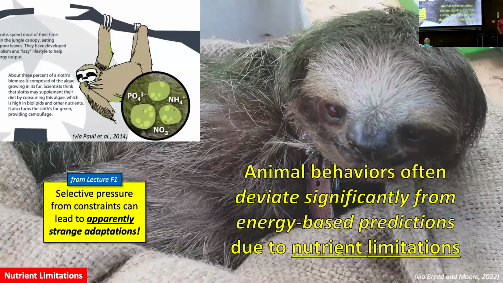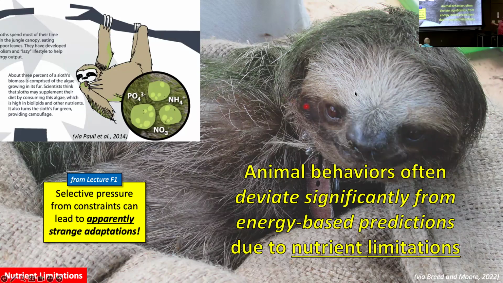If we dig back even further to the lecture before that, and I'm not going to go back into all these details, but there's not just time limitations and calorie limitations, there's also nutrient limitations. And we talked about this sloth and the algae that covers it and how it depends on that algae for nutrients that it does not get from its leaves.